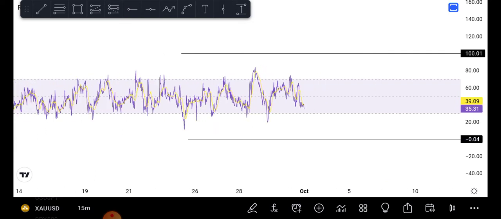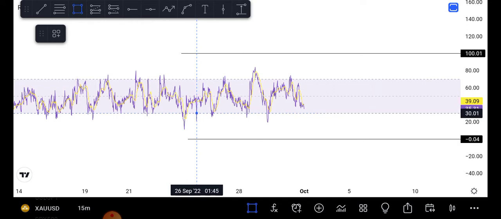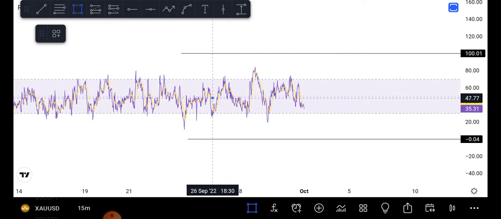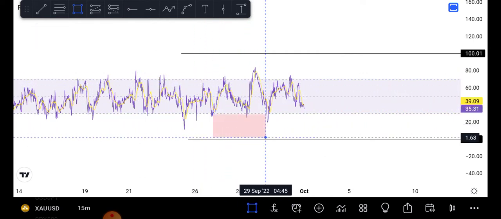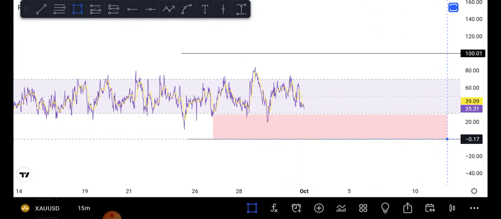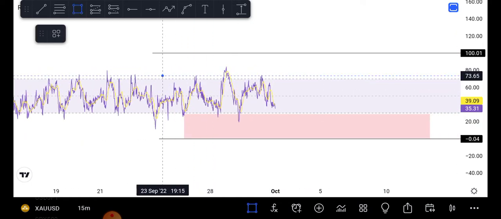Whenever price comes below this colored zone, it shows that the price is in a zone of oversold. You see this zone here that I'm drawing a red line. It means that the price is at a zone where it is being oversold, meaning it is very undervalued.